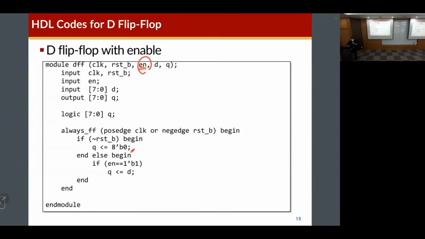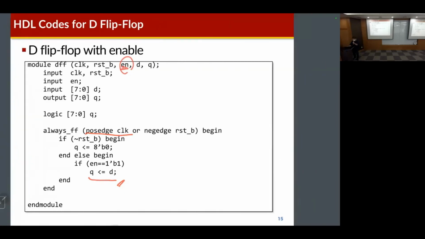Otherwise, only if enable equals 1, then Q becomes D at the rising edge of the clock. Okay, this is the enabled flip-flop. We can write a behavioral model of this flip-flop with SystemVerilog like this.